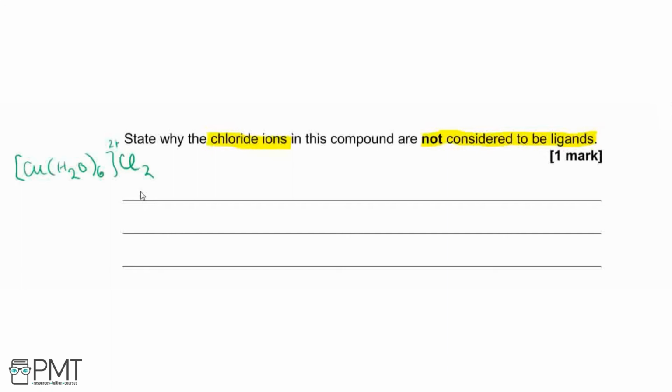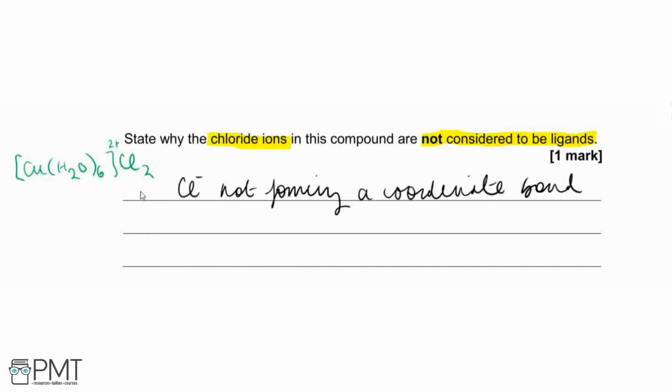There'll be 2 negatively charged ions to balance out the 2 plus ion there. So therefore, the reason why they're not considered to be ligands is because the chloride ions are not forming a coordinate bond with the copper 2 plus ion. So it doesn't donate a pair of electrons there.